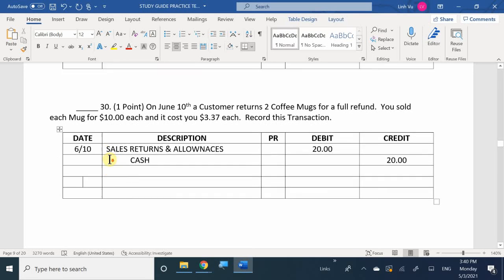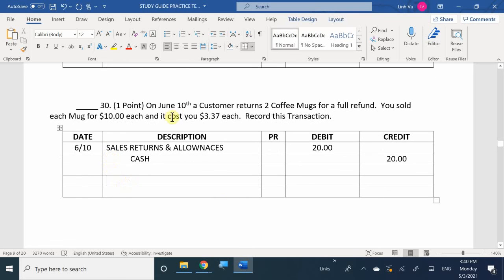Coffee mugs. Because in this case, the person's actually returning it 100%. I'm not giving them a discount, so they are actually returning the product to me. So coffee mugs, and what else? Cost of goods sold. Yes, right? This account, we can definitely reverse.